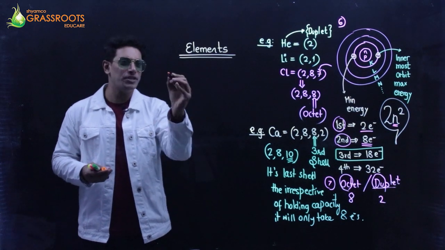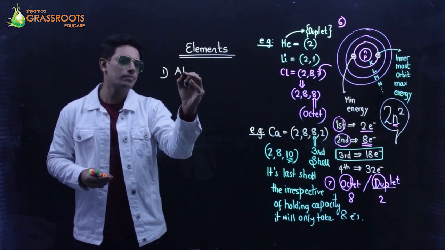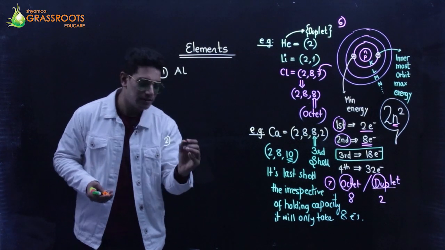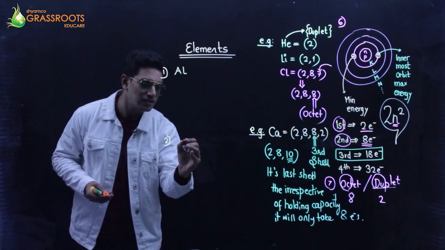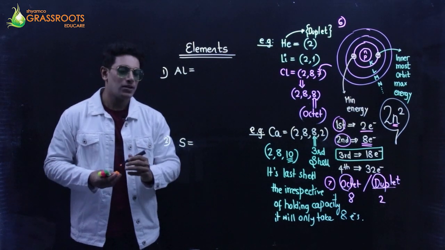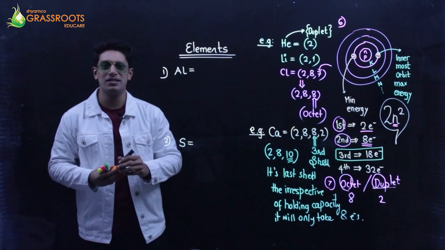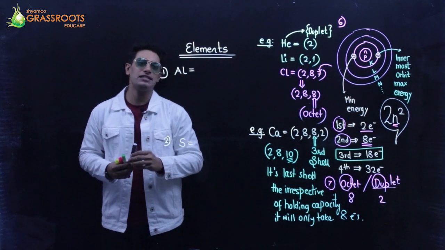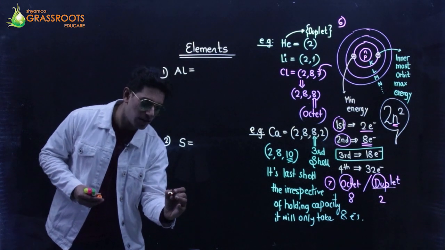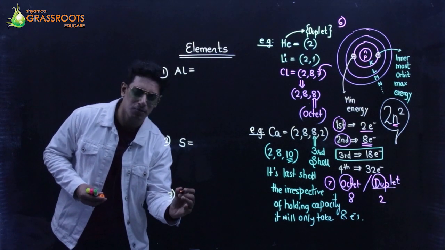We'll take aluminium. Second, let's take sulfur, something different. Sulfur is a non-metal, aluminium is a metal. And let's take oxygen. Oxygen I'm going to take in water, so I'll take some other element, some simple one.